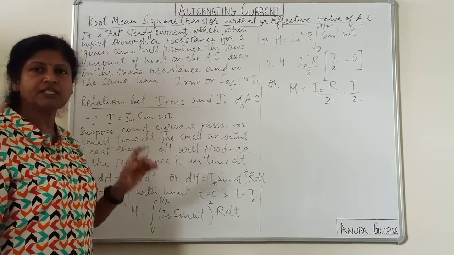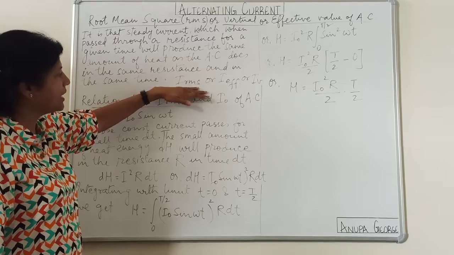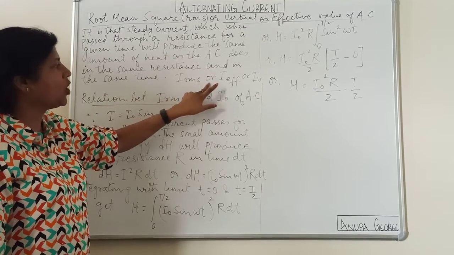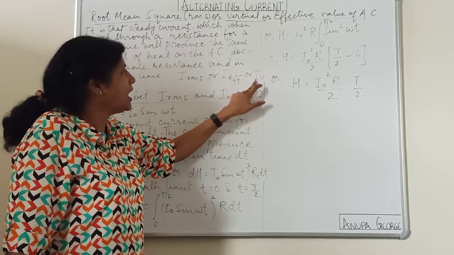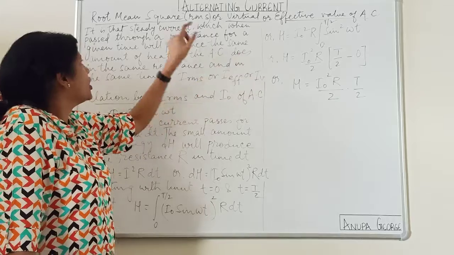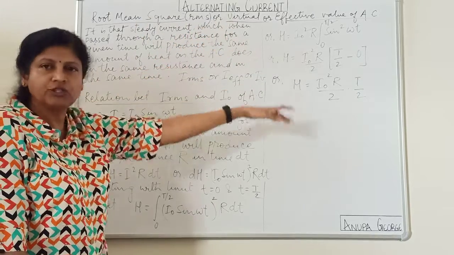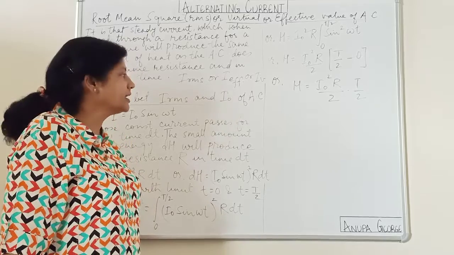This RMS value of current is represented by I RMS or I effective or I virtual, because it is called RMS value or virtual value or effective value of alternating current.